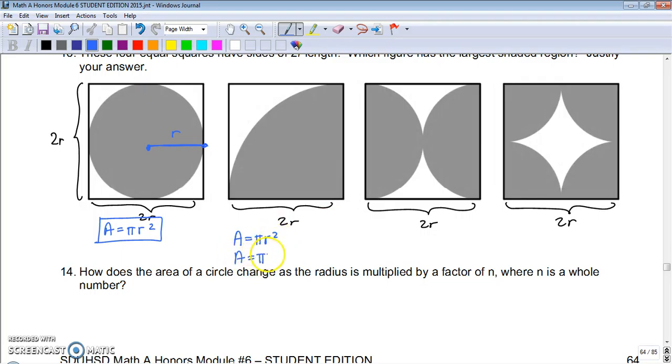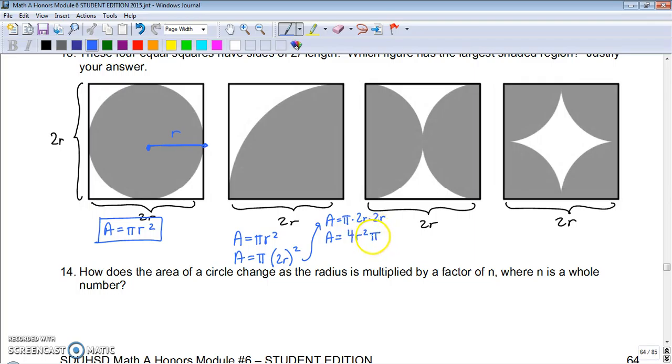Area equals pi, and I notice that the radius is actually 2r in this case. And so this is area equals pi times (2r) squared, because squaring means to multiply it times itself. And the area would be 4r squared pi.